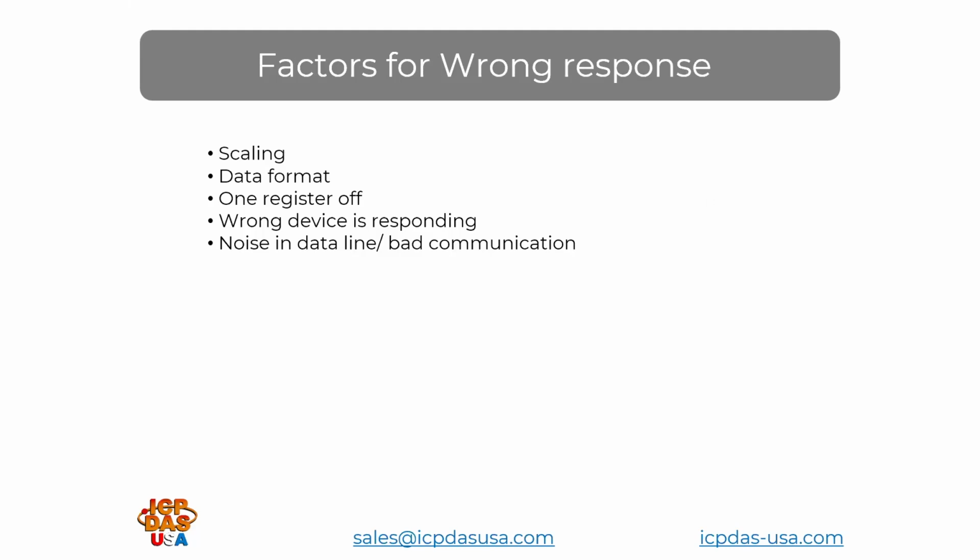Sometimes it's data format, engineering format, hex format, and float format. Sometimes there's byte order that matters. You can use the Modbus Master Tool to read the data from the slave device, and you can read it in hex and figure out what value you should be seeing and what value you want to see, and figure out the scaling format.